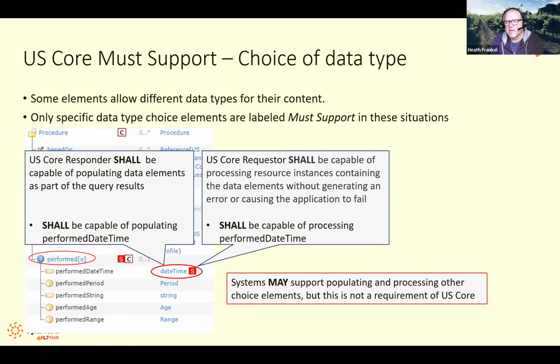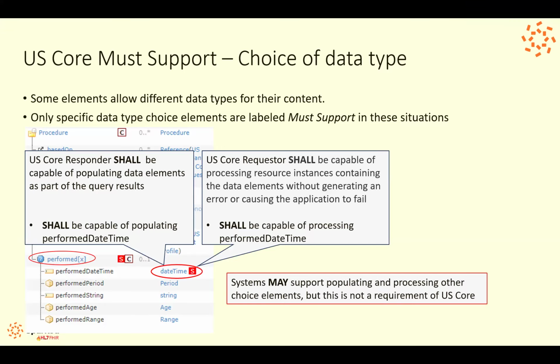So we kind of want to say everyone should be supporting date time as a minimum, but basically not allow this gap that's sitting in between where the requester might be in a situation where it's receiving something that it falls over and dies.